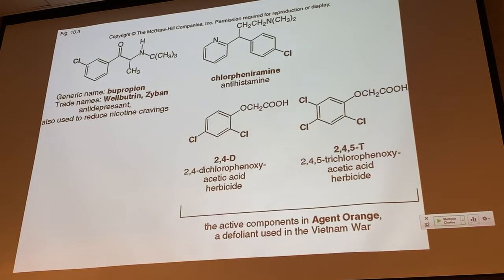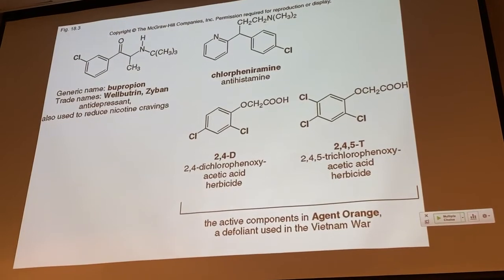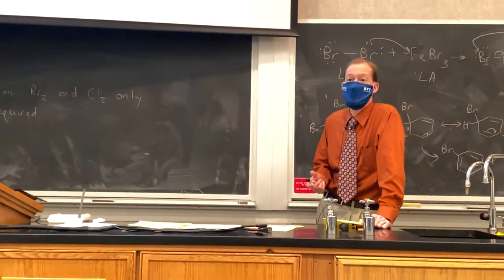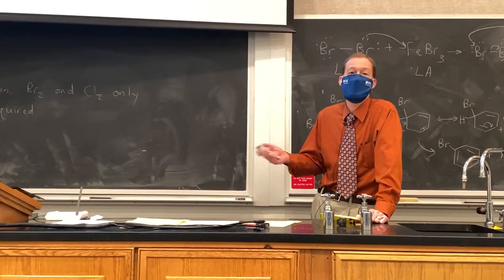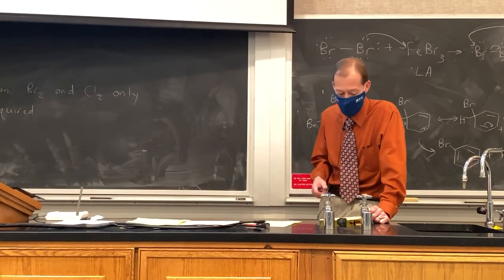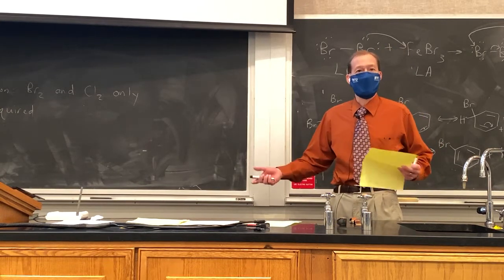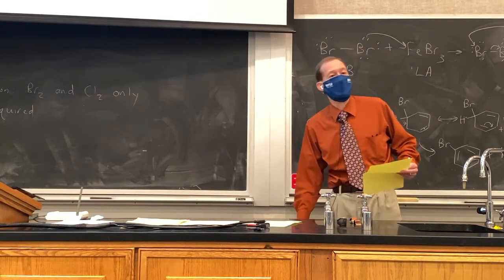Okay, so chlorobenzenes or halobenzenes can be used for a lot of purposes. One of my favorite ones is vancomycin. If you look back at the structure of vancomycin, which we talked about last semester in class, the antibiotic of last resort, you'll see that it has chlorines attached to the benzene ring. So there's lots of reasons to perform brominations and chlorinations to attach these atoms to benzene rings.